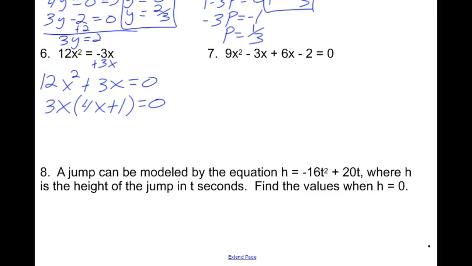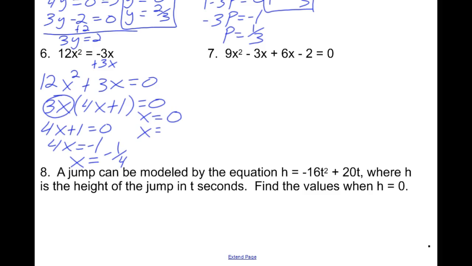So either this is equal to 0 means x is equal to 0, or the 4x plus 1 equals 0. Subtract the 1, I get 4x equals negative 1. Divide by the 4, I get x equals negative 1/4. So my two possible solutions would be 0 and negative 1/4. You try number 7.